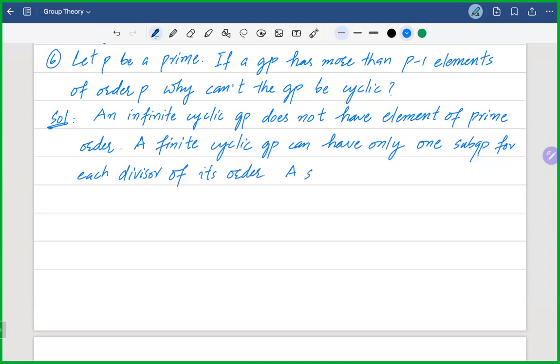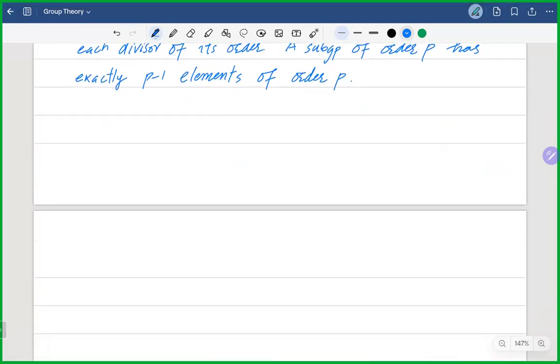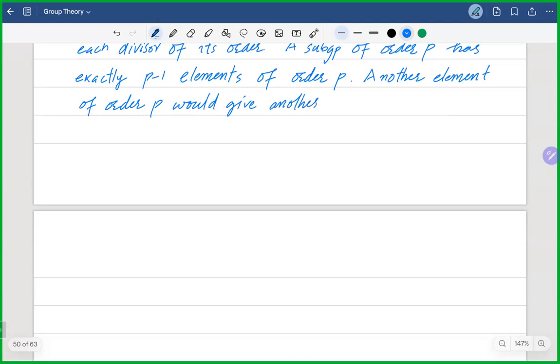So a subgroup of order p has exactly p minus 1 elements of order p, and another element of order p would give another subgroup of order p.